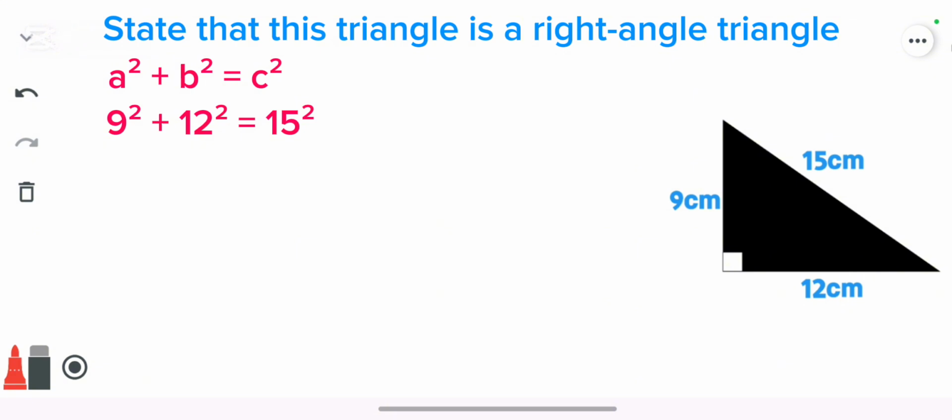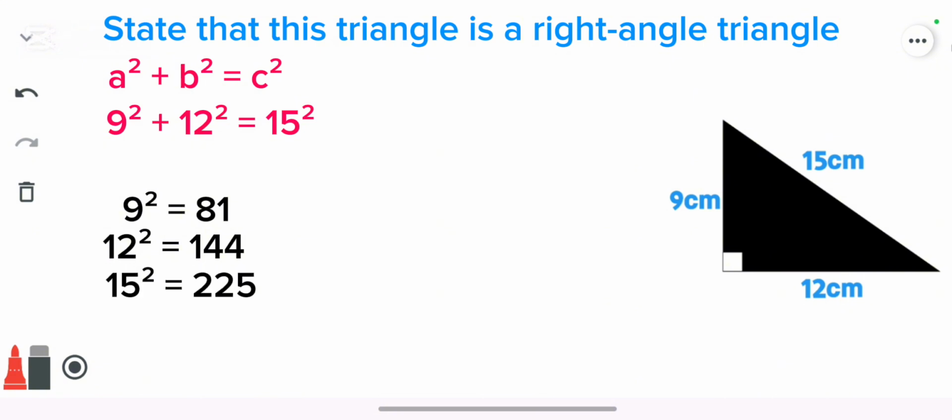So there we have 9 squared plus 12 squared is equals to 15 squared. Now 9 squared is equals to 81. 12 squared is equals to 144, and 15 squared is equals to 225.